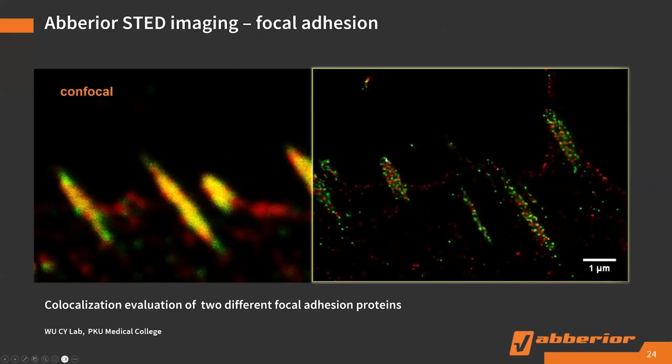Then she checked with our STED, and obviously from our STED, you see there's no co-localization at all between these 2 proteins. Actually, she regretted a lot. If she could have imaged with the STED, it would have saved her a lot of time proving the misleading information from the confocal.